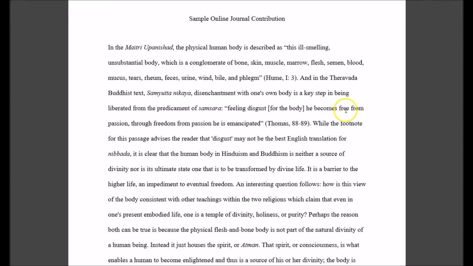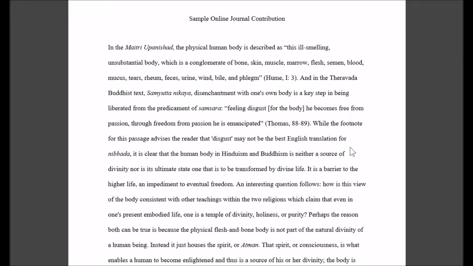So you see what this says. He becomes free from passion. Through freedom from passion, he is emancipated. So emancipated, liberated. You see how that works? So the gloss, the discussion of the quote, is actually occurring in her own words leading into the quote. Very effective. Very effective. And then again, proper citation here. Different text. Thomas, that's the editor and translator, and then the page numbers, 88 to 89.